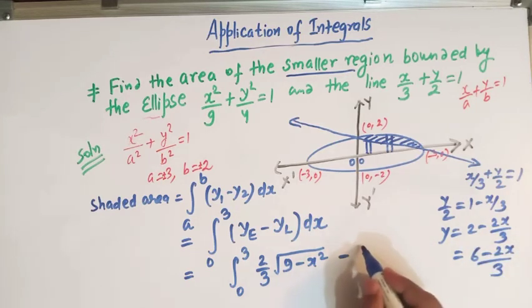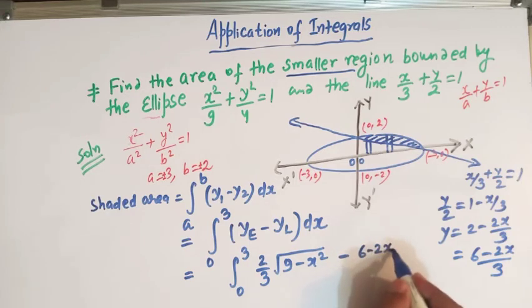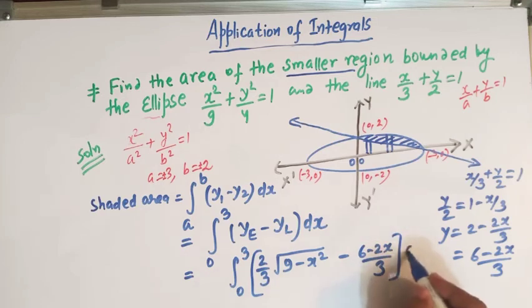So here we write 6 minus 2x by 3, and now we have to calculate the value of this integral.